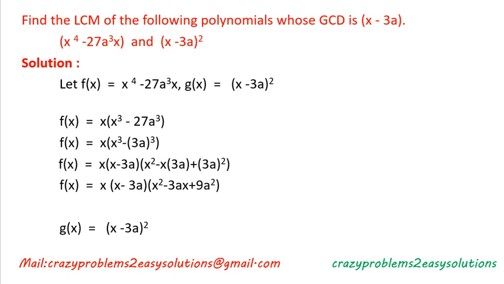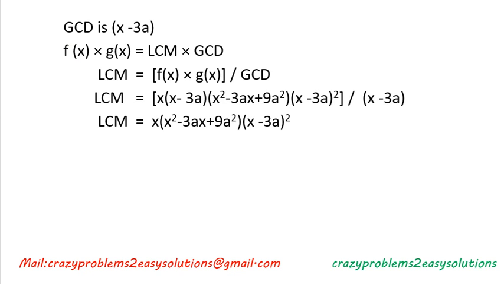Now g of x is x minus 3a whole square, and the GCD is x minus 3a.